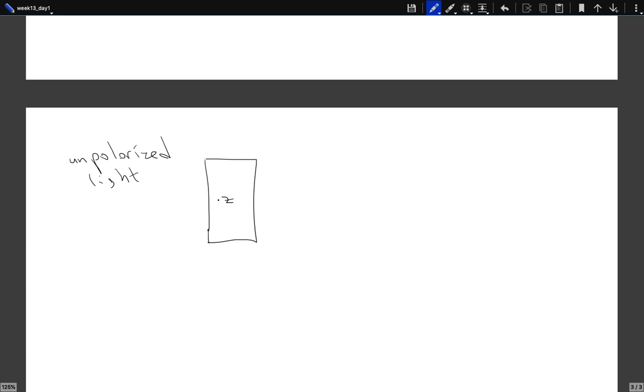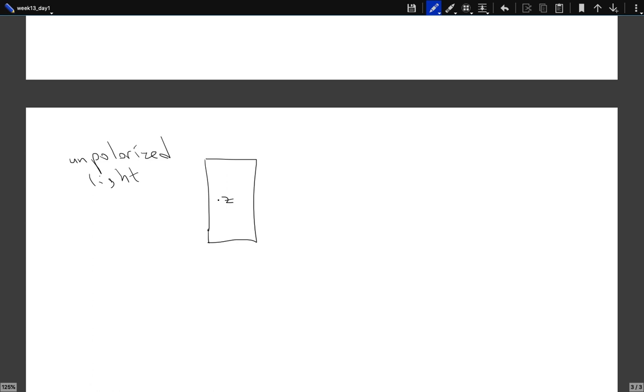Let's just imagine this not as a filter, but a splitter. It splits one polarization and the other polarization. One polarization goes in one direction, the other goes in the other direction, if you like. Whichever one you like, I don't really care.